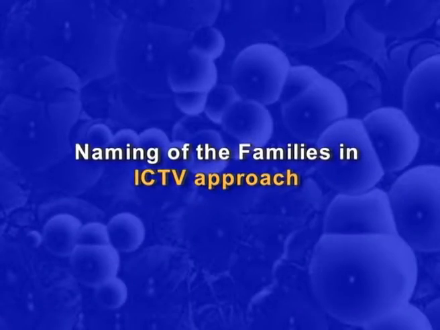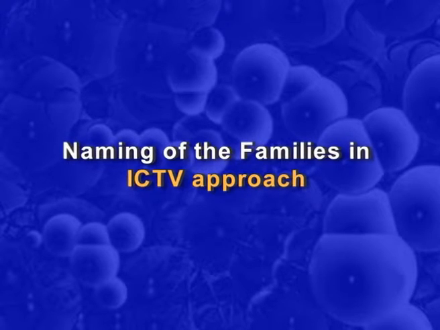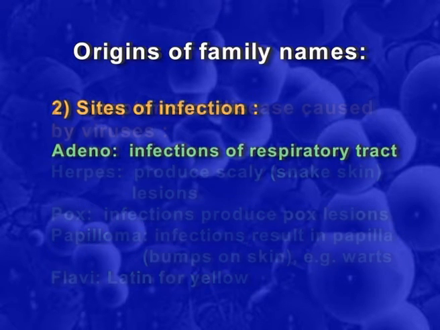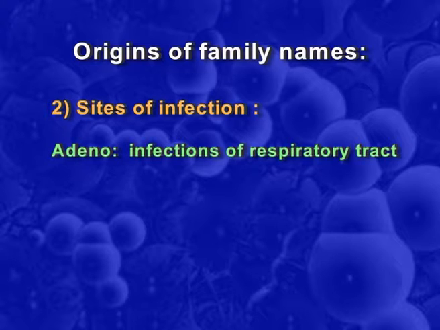Next, we will discuss how the naming of the families is done in the ICTV approach. So, basically for naming of the families, they have selected 4 different criteria. Number 1 is the type of disease that the virus causes. Number 2 is the site of infection of the virus.